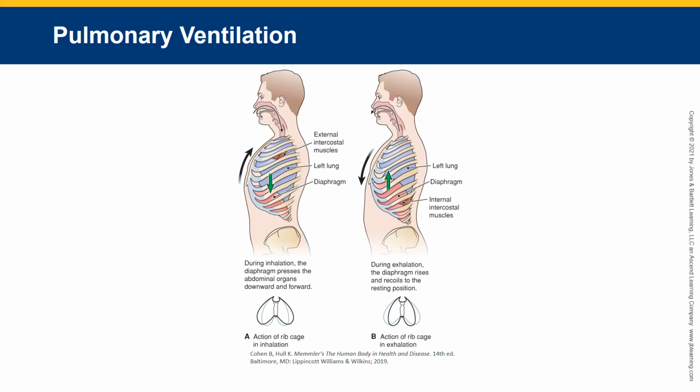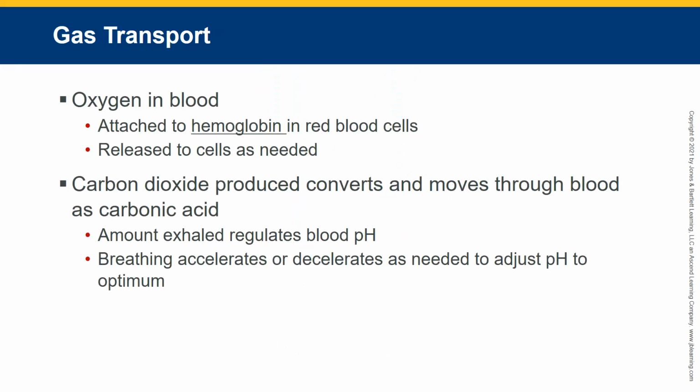And so this is just a big picture of the same if you needed to see it. And so we've just breathed in air, right? What happens to it then? So we brought the air in, and remember those little capillaries that were covering our alveoli, those little air sacs in the lungs.